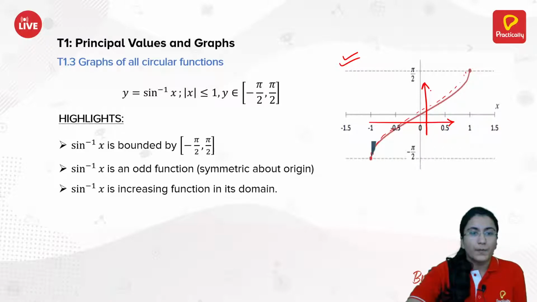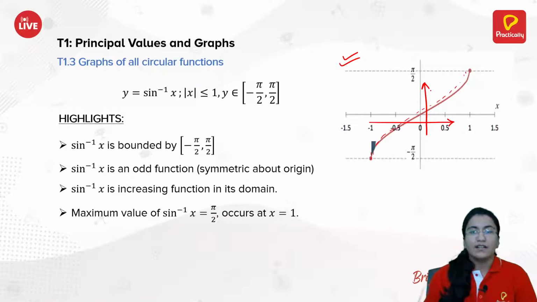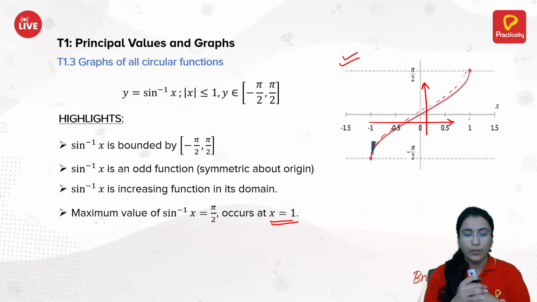So the next property you have over here is that the maximum value of sine inverse x is equal to pi by 2, which occurs at x equals 1, right? You can see, as it is an increasing function, its maximum value will occur at the rightmost point, right? If a graph is increasing, its maximum value always occurs at its rightmost point, so its rightmost point is 1.